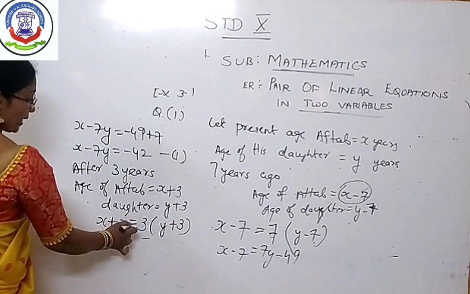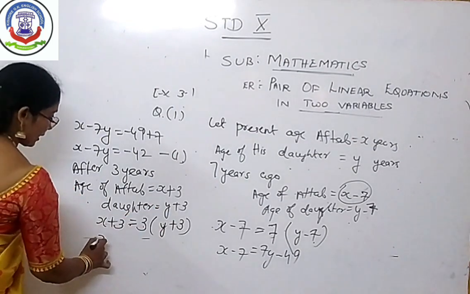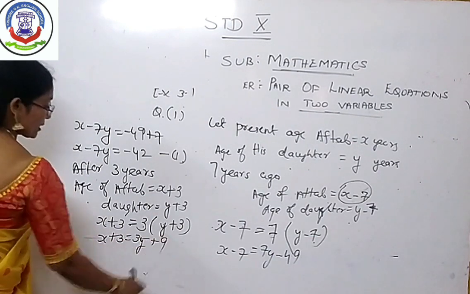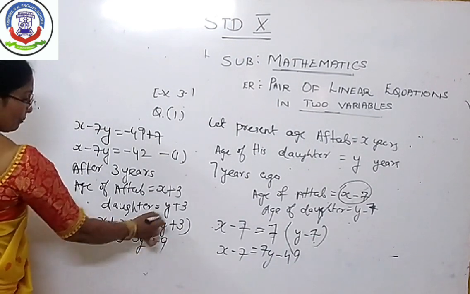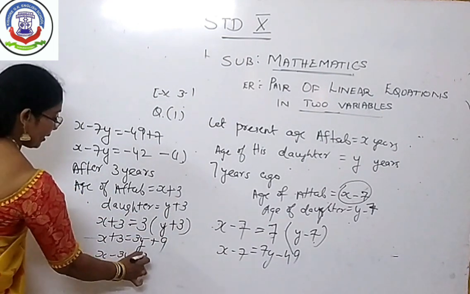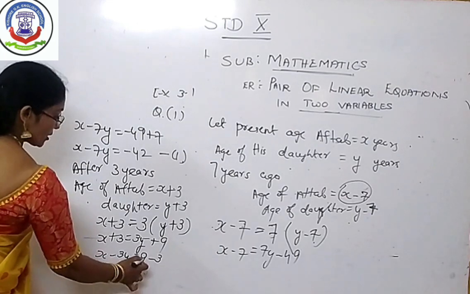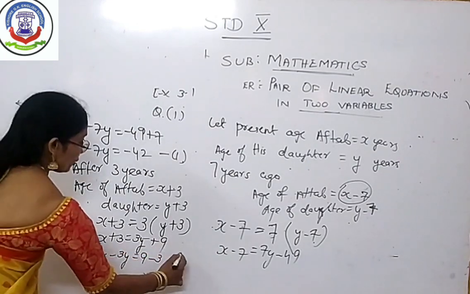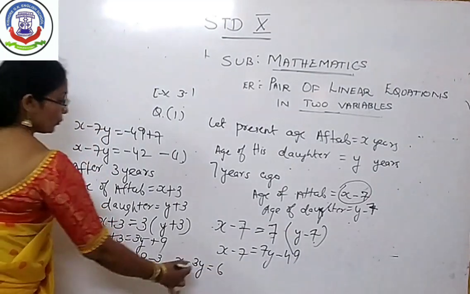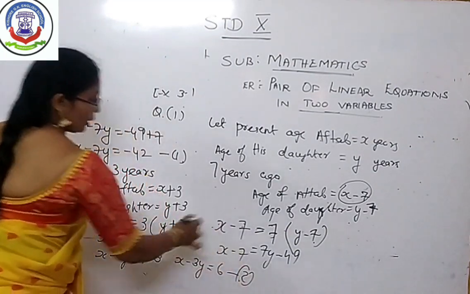That means x plus 3 is equal to 3 into y plus 3. Again you make it an equation: x plus 3 is equal to 3y plus 9. Take to one side: x minus 3y is equal to 9 minus 3. So finally you get the equation x minus 3y equal to 6. This is the second equation.